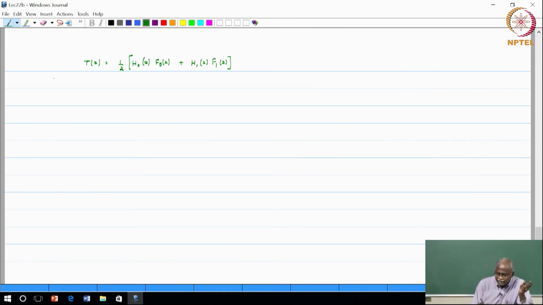Let us say that aliasing cancellation is done. I choose the aliasing cancellation. Quadrature mirror filters condition satisfied. Magnitude distortion I am going to allow. Okay, magnitude distortion minimize.